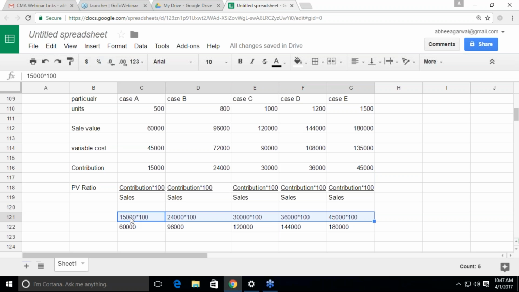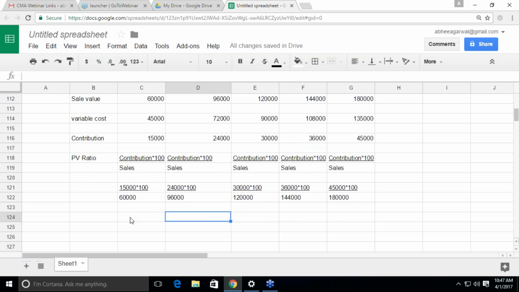Yeah, so this is the calculation which we will do. So in all the cases, you will get PV ratio 40%.